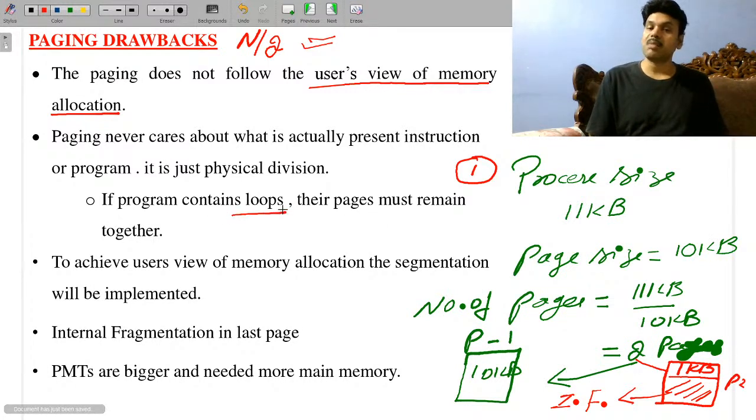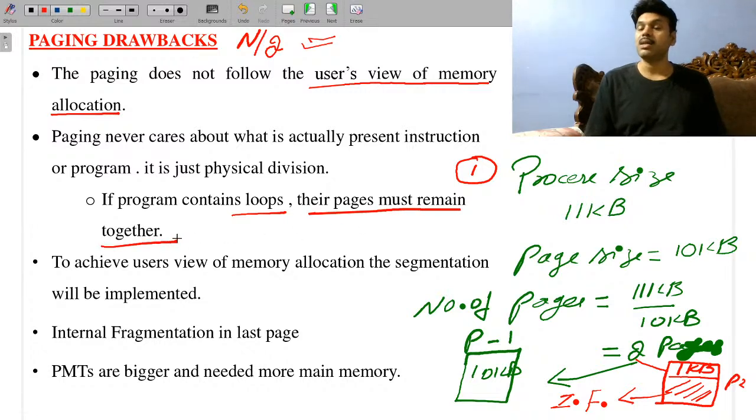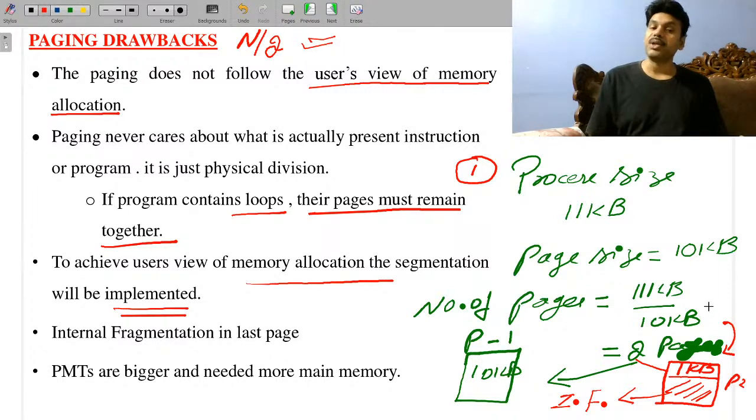It may have some loops in one page and some in other pages. But a loop also must not be split, so we want to put all loops in a single block. Therefore, to achieve the user's view of memory, there is a requirement for segmentation. One more important point: internal fragmentation, which occurs in the last page, can also be eliminated.